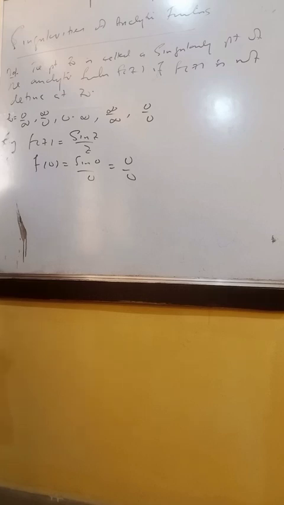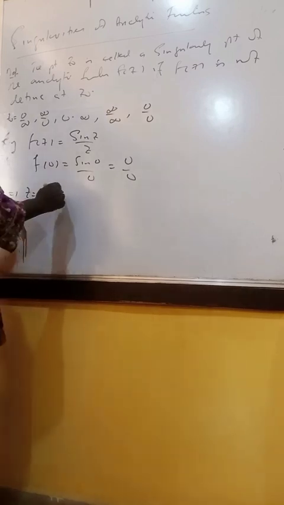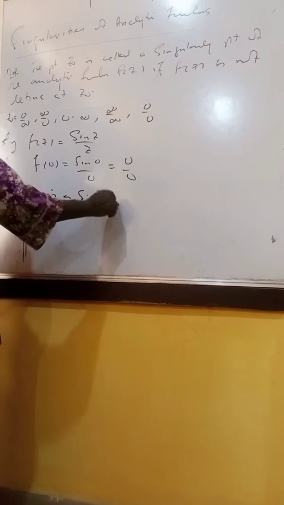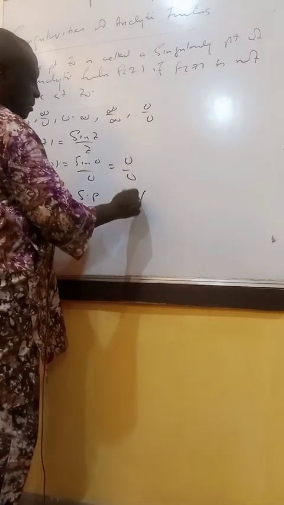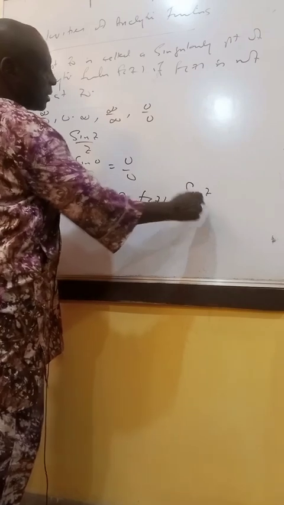Is that okay? Which implies that z equal to 0 is a singularity point of f of z equals sine z over z. Is that okay? That's a singularity point.